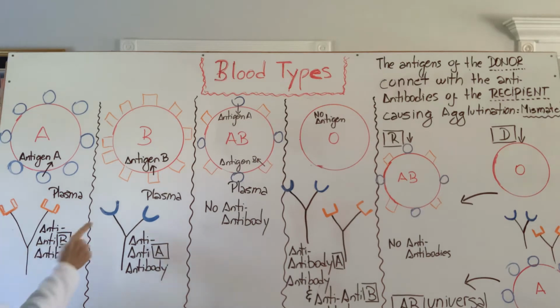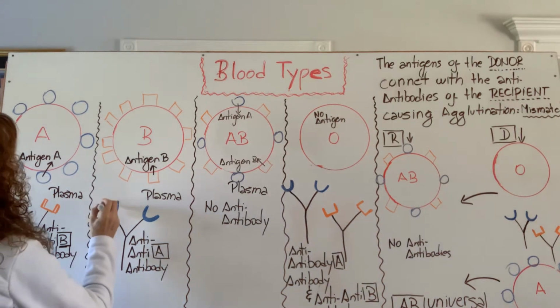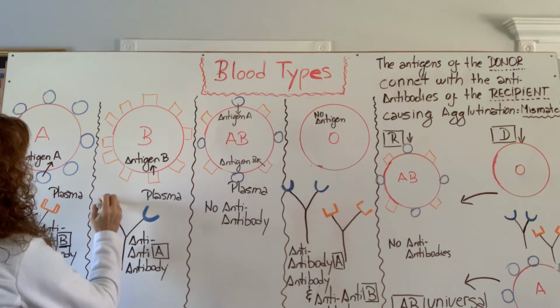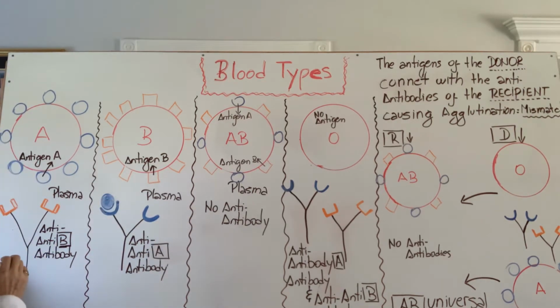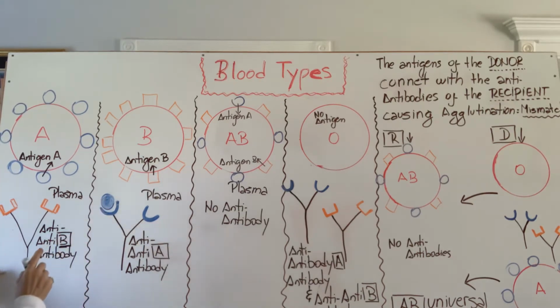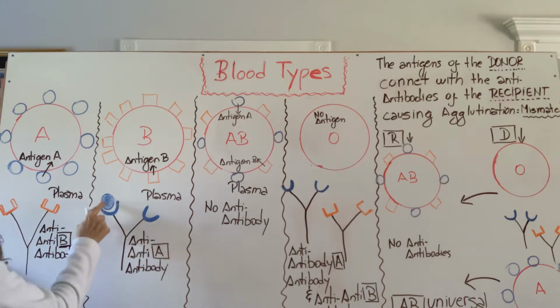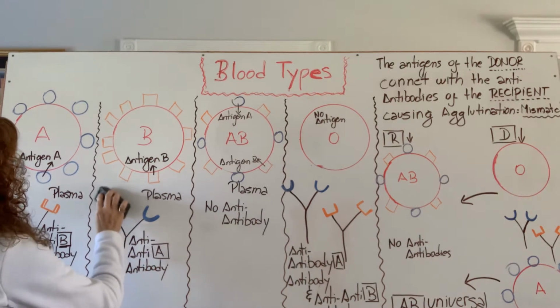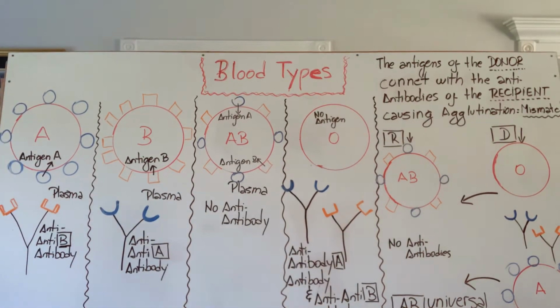So in other words, the anti-A antibody has a shape that can potentially match with its antigen. So if I have antigen A that is transfused from the donor, it can eventually conjugate or connect with this antibody. Now, let's go to the real scenario.